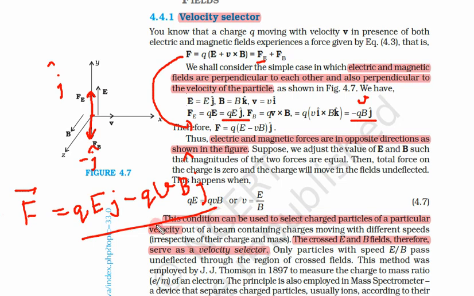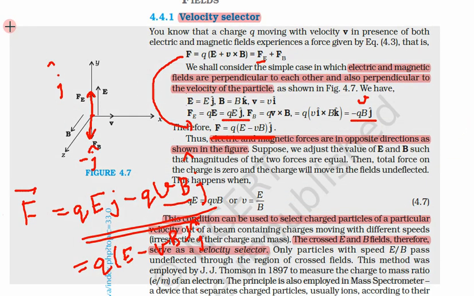So this is our equation for force. Now let us take Q common. So we have QE minus VB, with j also common. This is our equation in this case: Q(E minus VB) into j.